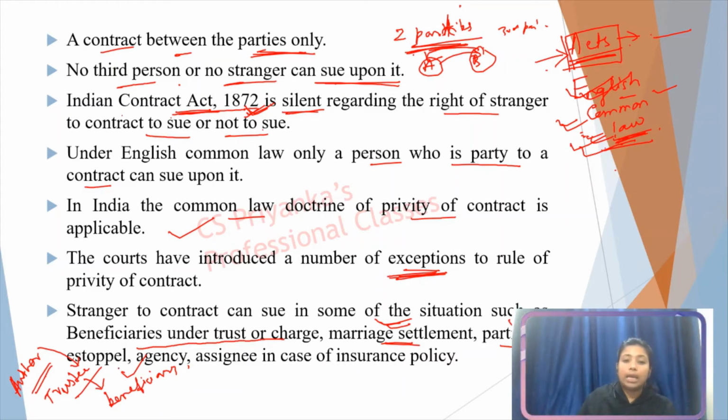Estoppel is a concept where whoever is doing an act is not the owner. I can give you an example.